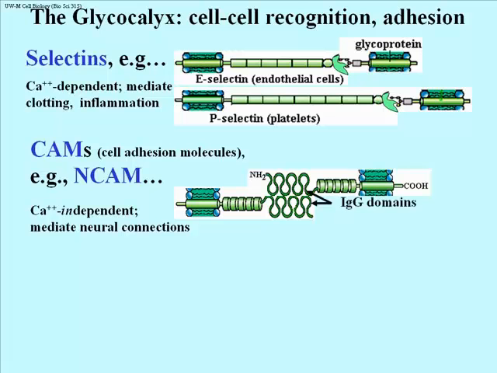to one another. The domain that actually causes them to attach are found in other kinds of proteins, specifically immune molecules, IgGs, immunoglobulins, which are antibody molecules.